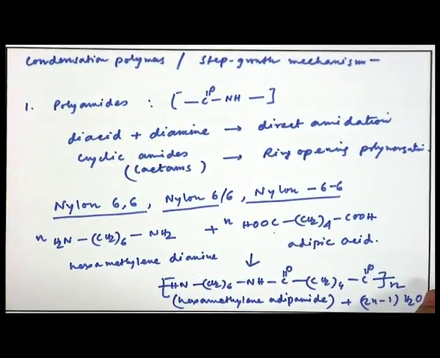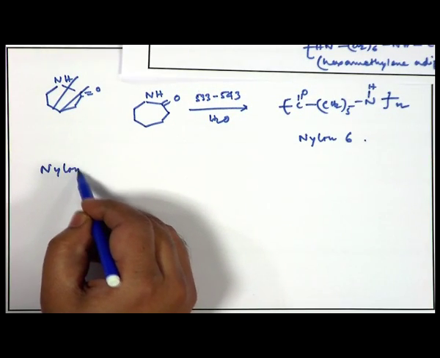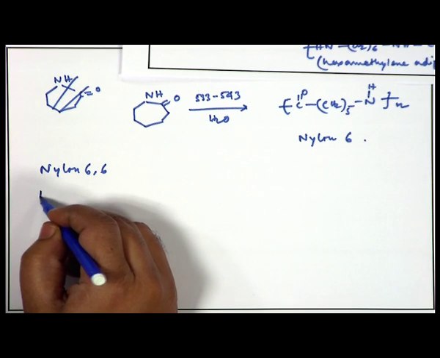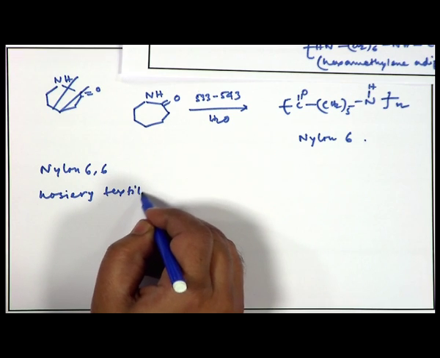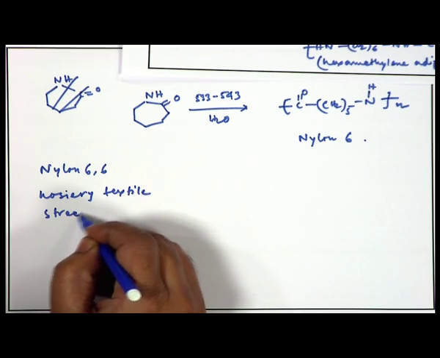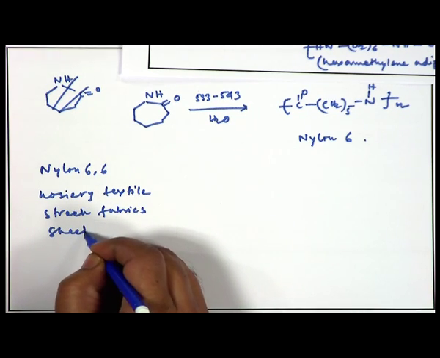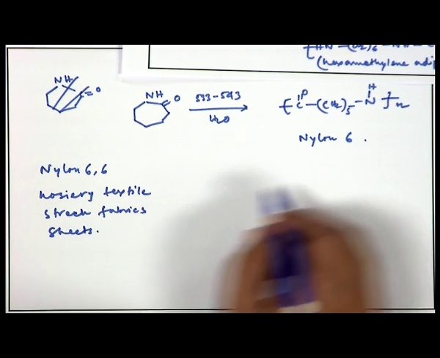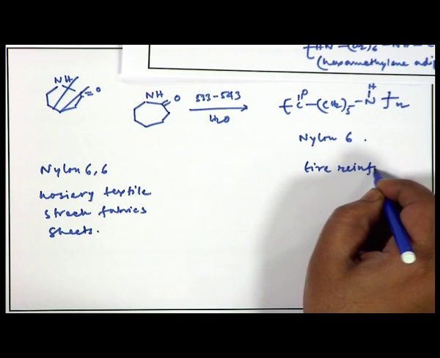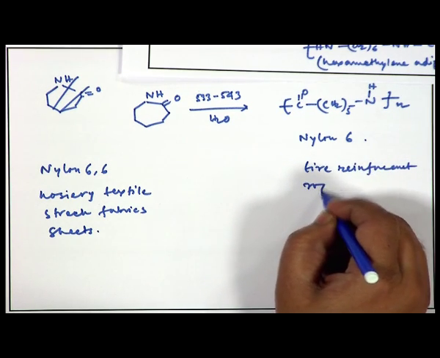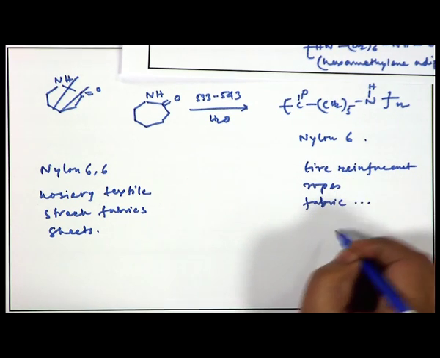The uses of nylons: nylon 6,6 has many uses like hosiery, textiles, stretch fabrics, seats, etc., and nylon 6 is used for tire reinforcement, ropes, fabric, and so on.